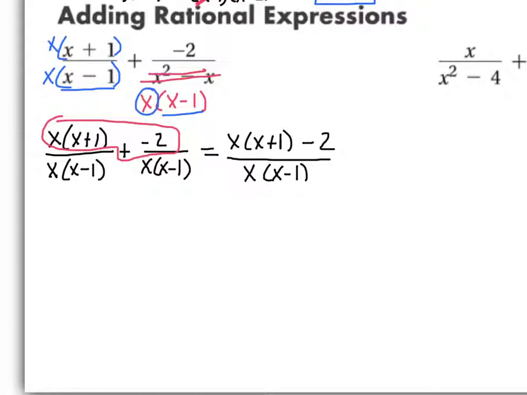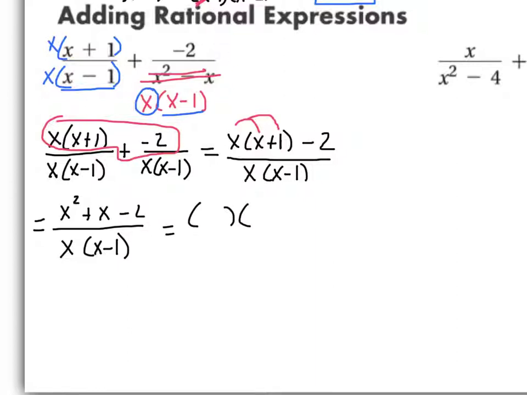Well, we want to simplify this fraction. So in order to see if we can simplify it, we first have to work with the top. We're going to have to multiply the x through. So we have x squared plus x minus 2 over x times x minus 1. And now we've got to see if we can factor that trinomial.